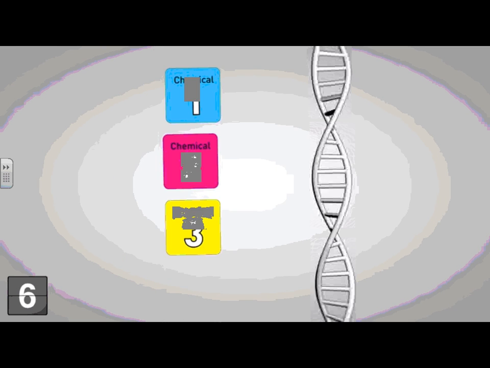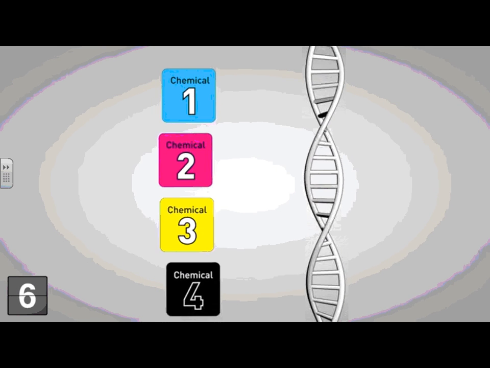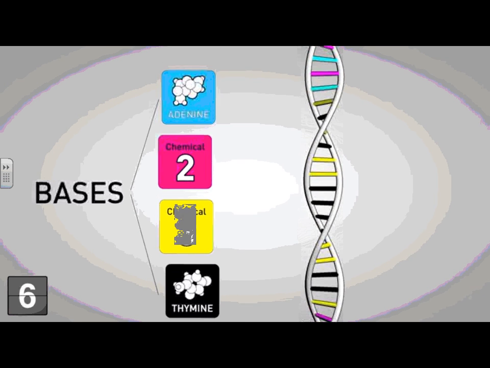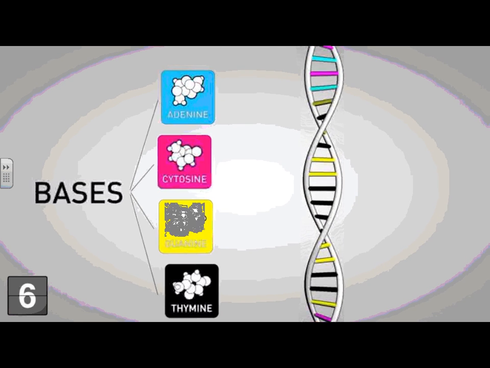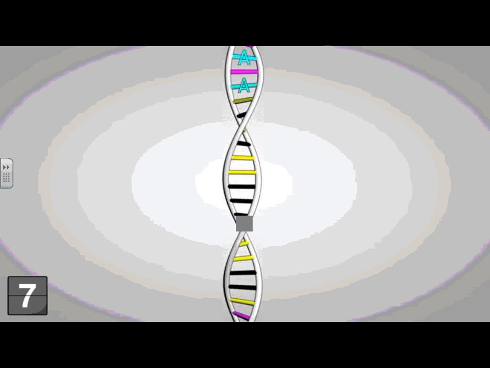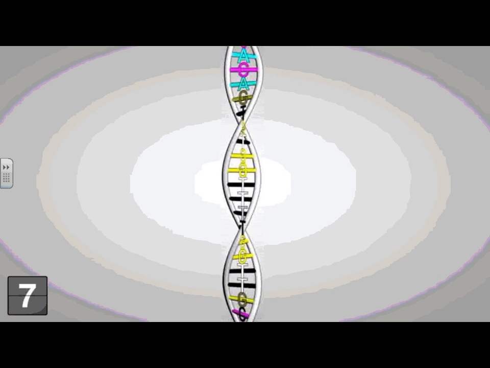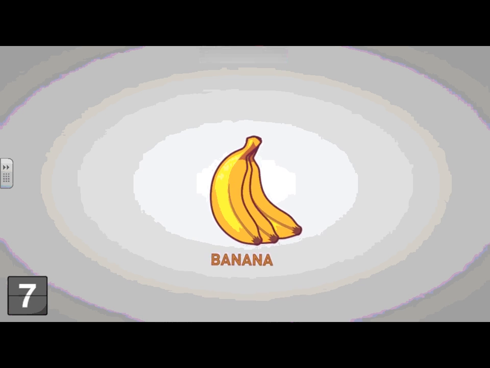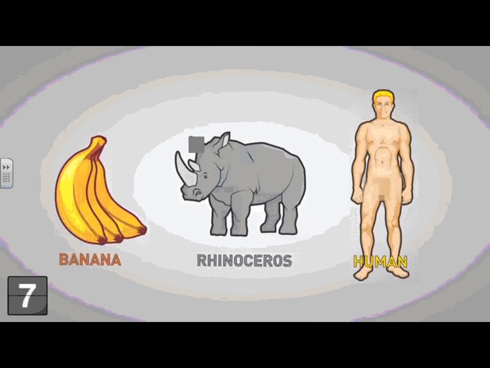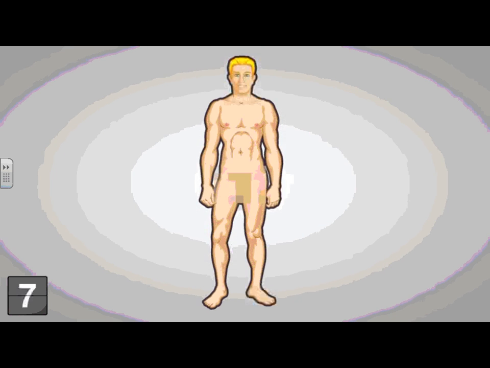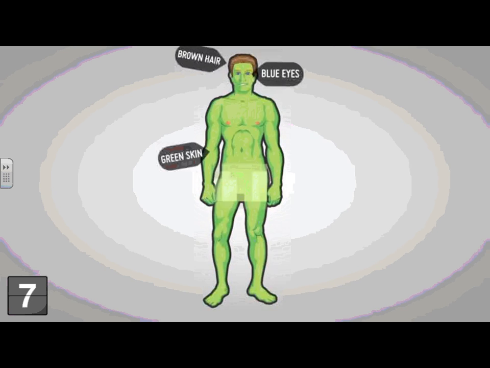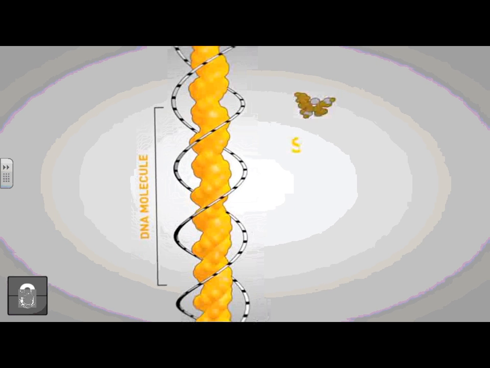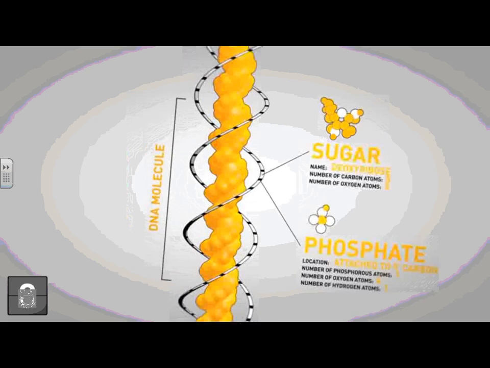The steps of the ladder are made of 4 main chemicals called bases: adenine, thymine, guanine, and cytosine. The particular order of A's, T's, G's, and C's is extremely important as it determines whether you are a banana, rhinoceros, or a human. It also determines whether you have brown hair, blue eyes, or green skin. The sides of the ladder are made of alternating sugar and phosphate molecules.